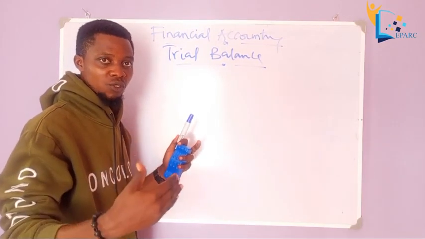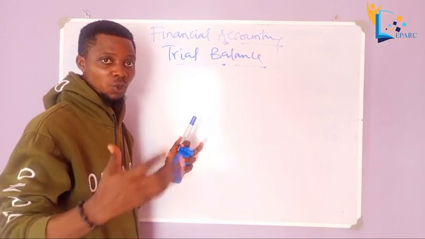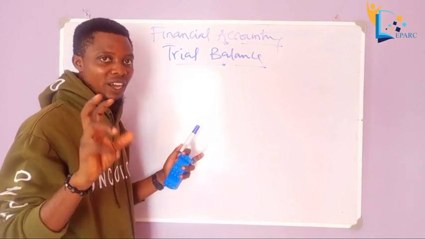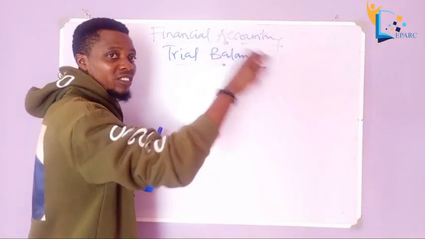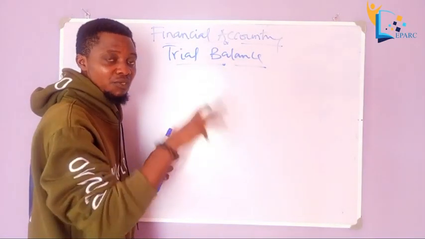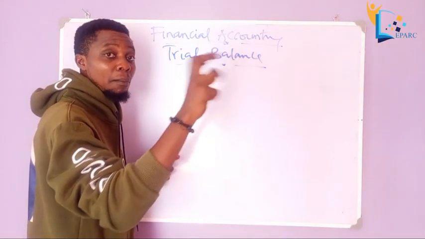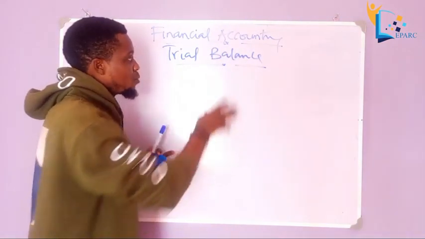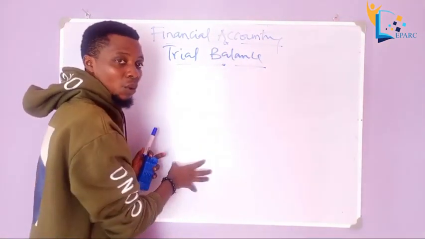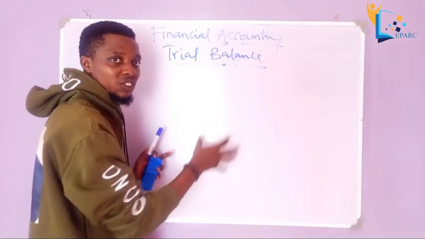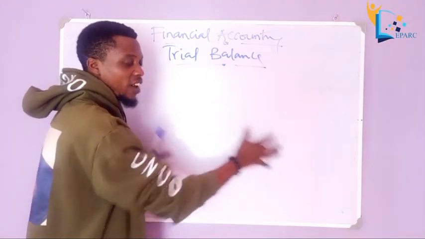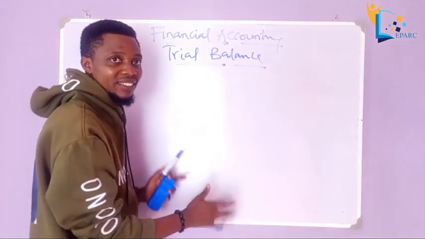A trial balance is a list of the final balances extracted from those ledgers, to check the arithmetic accuracy of our entries and of those balances.